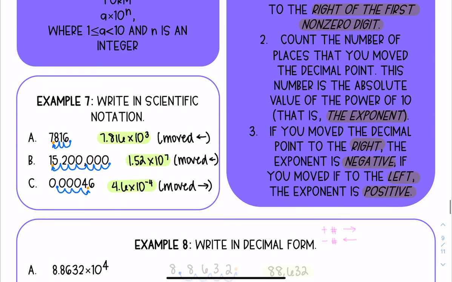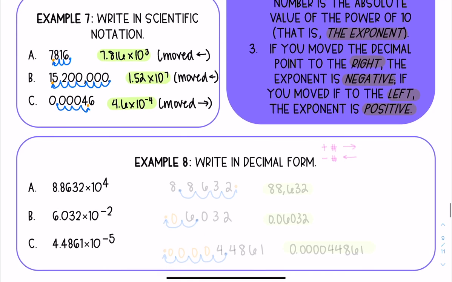And for the last example, we're going to just go the opposite direction. We're going to write it in decimal form instead of scientific. So we have 8.8632 times 10 to the 4th. So I'm just going to rewrite my number.